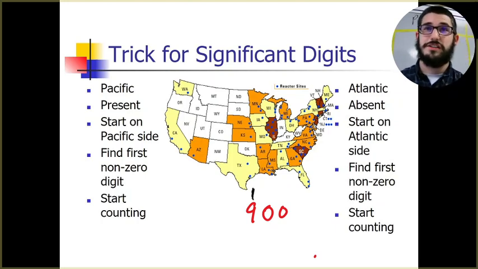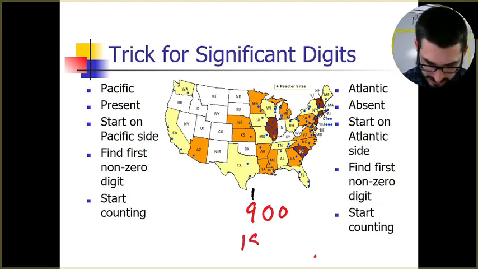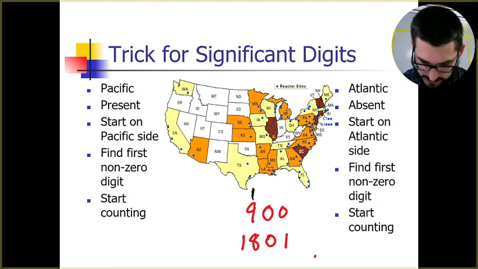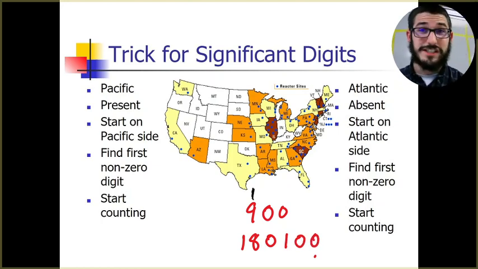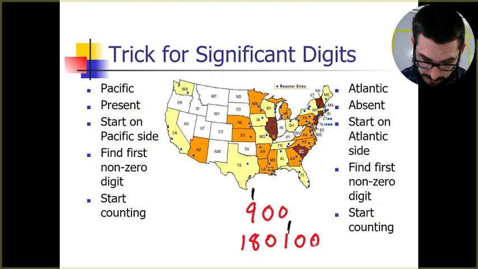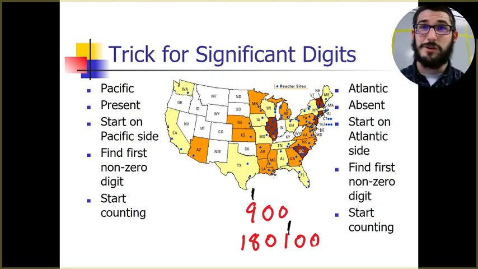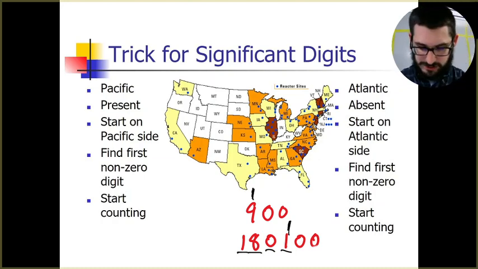That'll be the 9. And then start counting to the left. That's the only one, so that would be 1 significant digit. If I had 180100, no decimal, so I find the first significant digit from the Atlantic side. That's going to be right here on the right-hand side. That's the first non-zero. And then 1, 2, 3, 4. So that would be 4 significant digits.